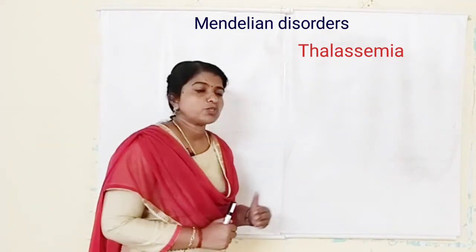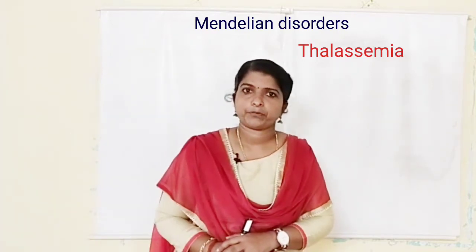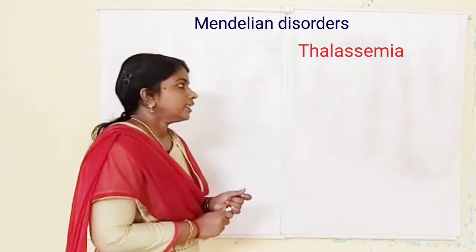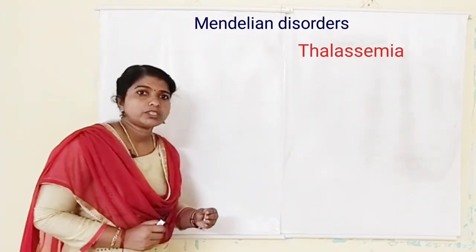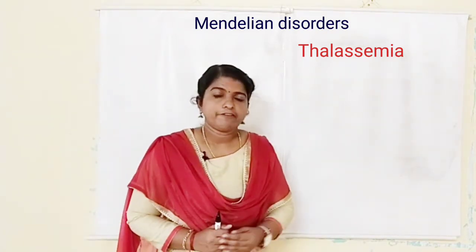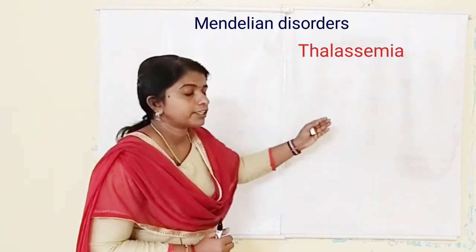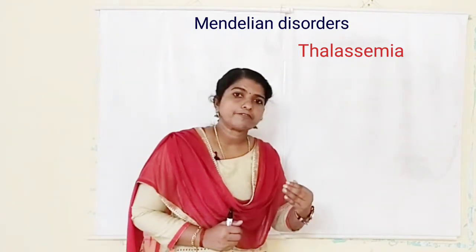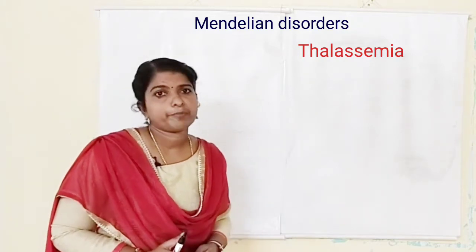The problem is with reduced synthesis of globin chain. And there are two types of thalassemia based on the type of globin chain affected. If it is affecting the alpha globin chain, then it is known as alpha thalassemia. And if it is affecting the beta chain, then it is called beta thalassemia.